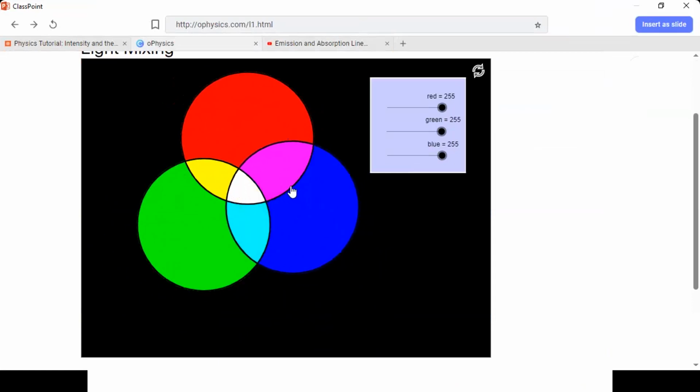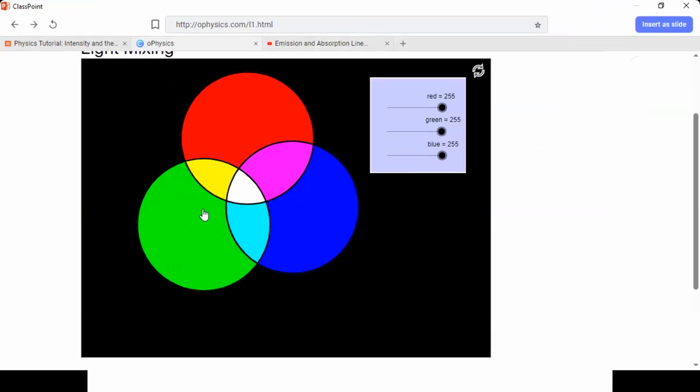See here, red and green is yellow, and red and blue is magenta. Blue and green is cyan. You see here, the cyan is the opposite color of the red.